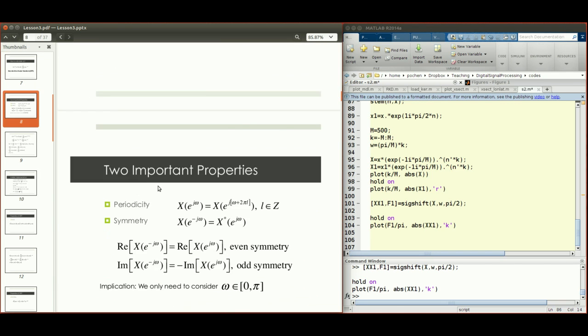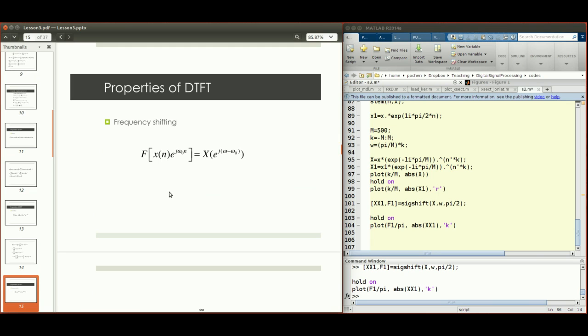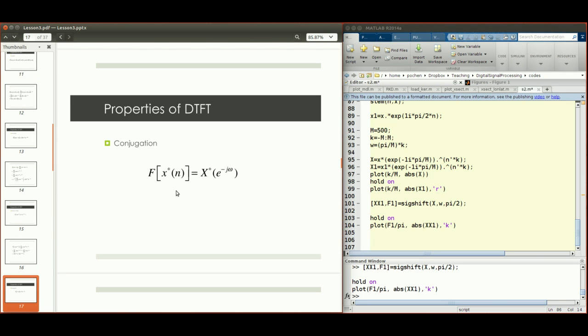So this formula looks simple, but it actually has two operations embedded in it. One is this minus sign, which means a folding in the frequency domain.